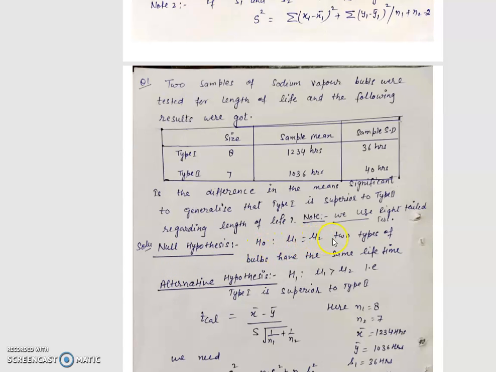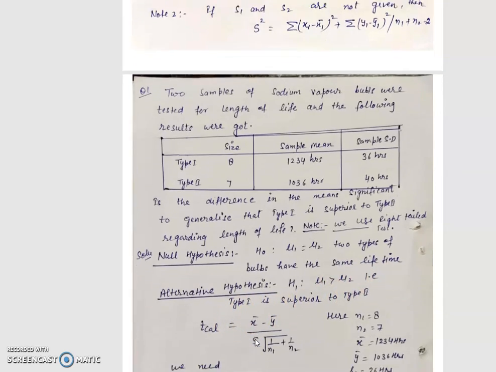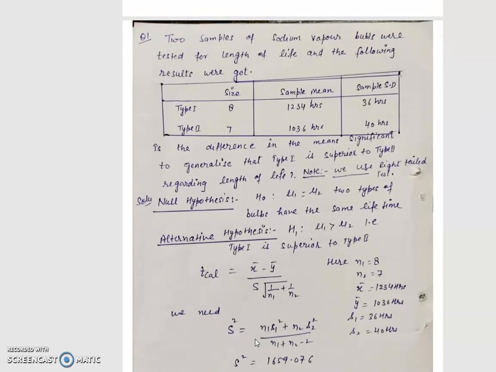Mu1 equal to mu2 means two types of bulbs have the same lifetime. And alternative hypothesis in this question, the question is saying that type 1 is superior to type 2. Then here we are saying mu1 is greater than mu2, that is type 1 is superior to type 2. Now how can we calculate?